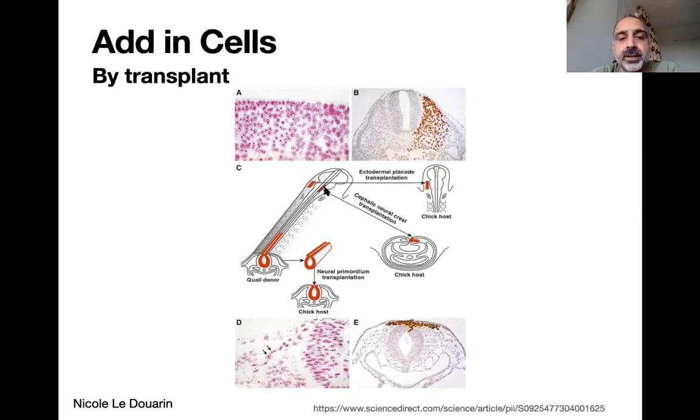Here, neural crest, the dorsal part of the neural tube, is being transplanted, and these are giving rise to particular structures. When you transplant this ectoderm outside here, you get this kind of lineage.